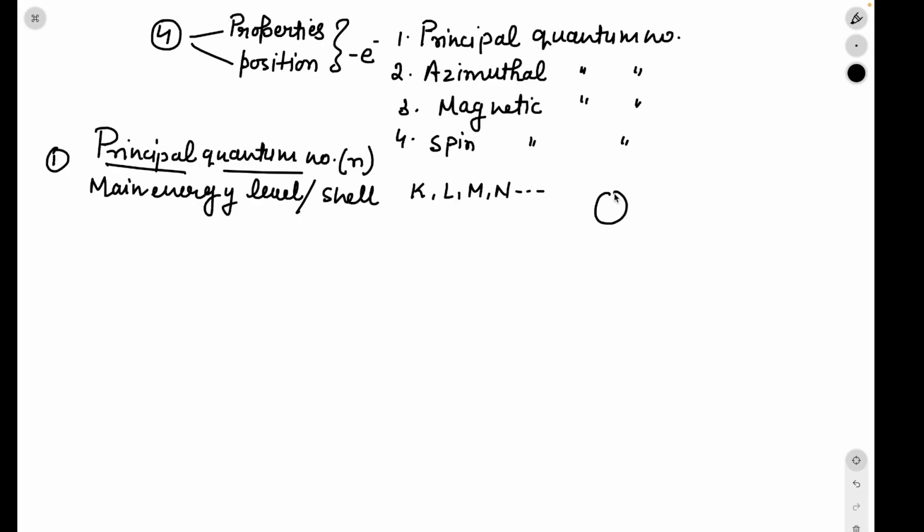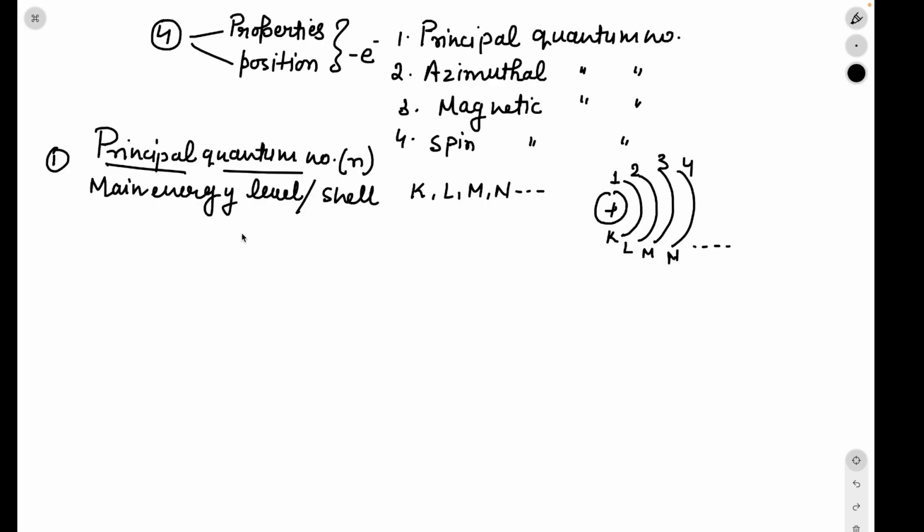Suppose this is the nucleus and these are the shells in which electrons are supposed to be present. So these are named as K, L, M or N, and so on. It is also numbered as 1, 2, 3 or 4.